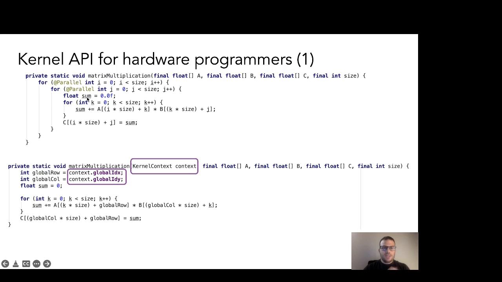And then it is the actual body of the for loops that follows. This, in fact, the second matrix multiplication implementation, corresponds to how a kernel would look if we were using OpenCL or CUDA to write it, but it is written in Java.